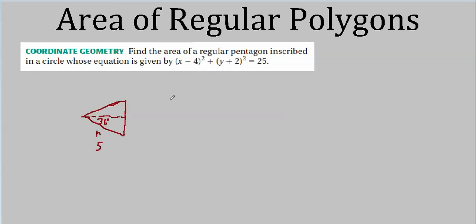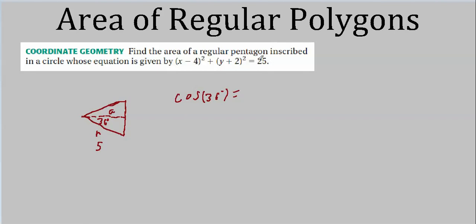CAH, A for adjacent, H for hypotenuse. So, CAH, that's cosine of 36 degrees equals adjacent, that's A in this case, our apothem, over the hypotenuse, which they gave us.